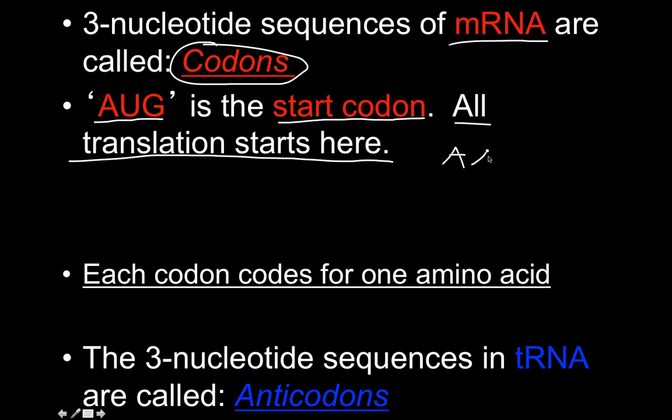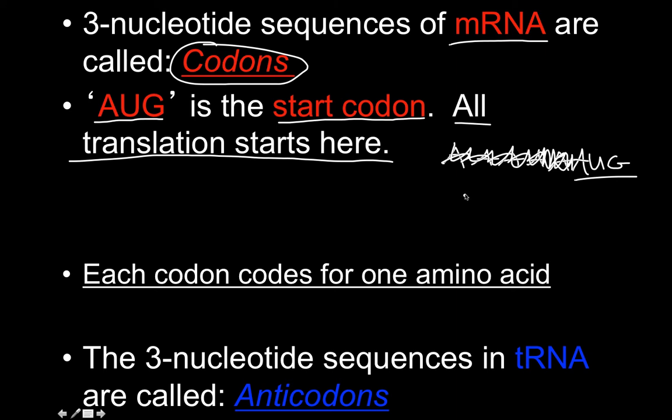So we can have a bunch of nucleotides here, but until we see that magical AUG, nothing else before it matters. Nothing matters before it until we see the start codon, which is AUG.